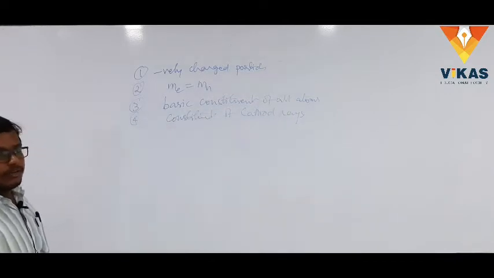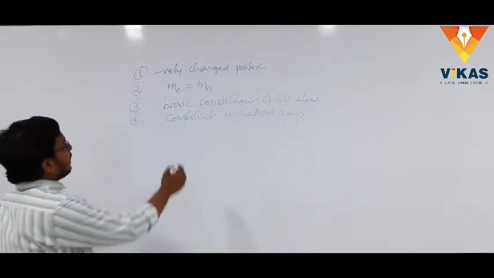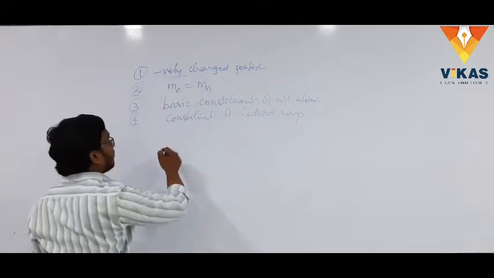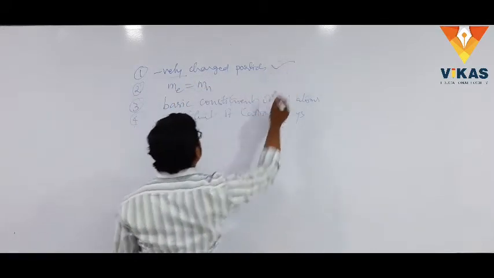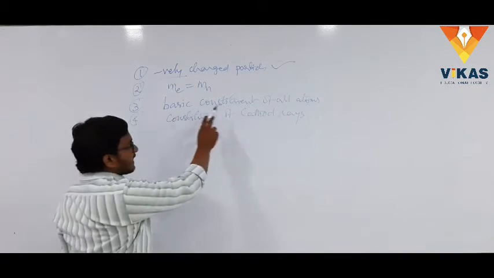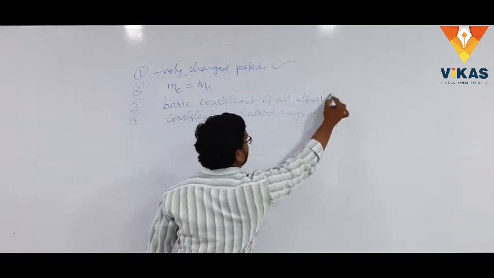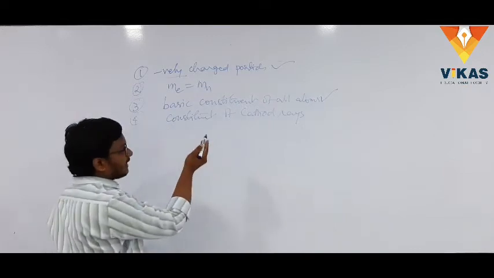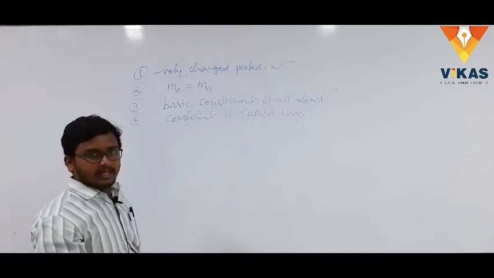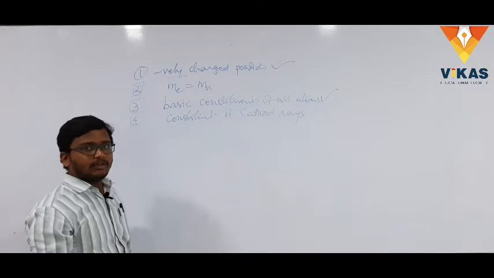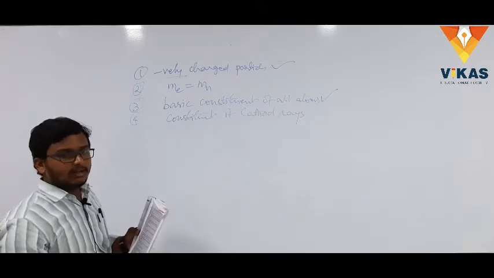We have seen in the cathode ray tube experiment, what did you see? Yes, it is a negatively charged particle. This is right. Basic constituent of all atoms, right. This also we have seen. This is also right. Constituent of cathode rays, we have seen again. Cathode rays consist of negatively charged particles which they named electrons.